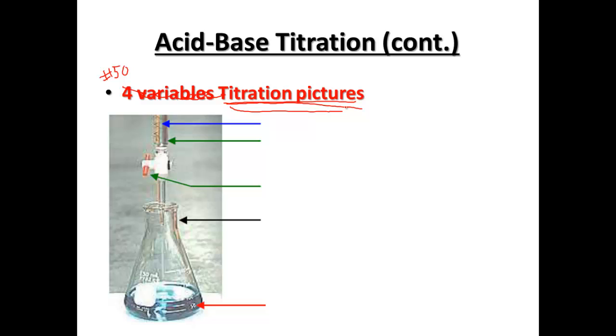So what we're going to look at is you're going to have a large column, and it's going to have graduated cylinder marks along the side. Now, for our beaker, the Erlenmeyer flask, you're going to start out with a solution in to begin with.